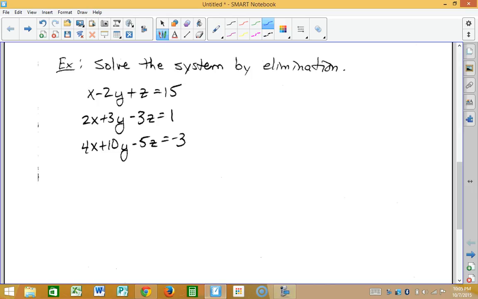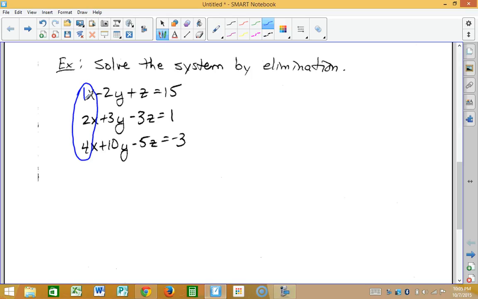So when we're looking to eliminate, we want to try to make all the coefficients in front of either x or y or z the same. So, I'm looking here and I see, in front of x, we have an understood 1, a 2, and a 4. I think that's going to be pretty easy to work with and try to eliminate the x's.